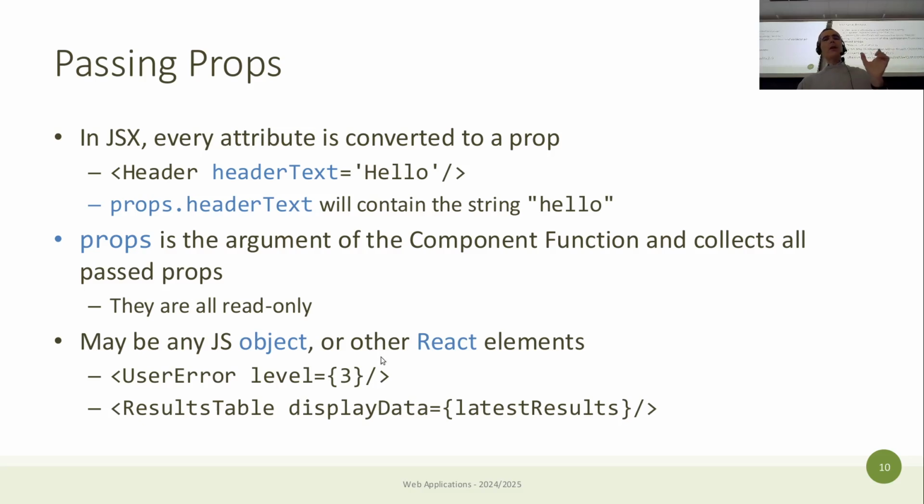Okay? The props can be JavaScript objects, that's the most common case, can be even other React elements, because remember that React elements are just translated into JavaScript code, so there is a reference that you can pass around in case you need to pass elements for some reason.